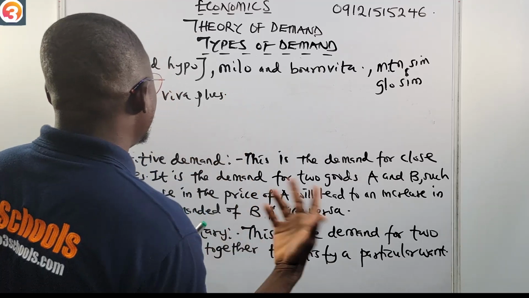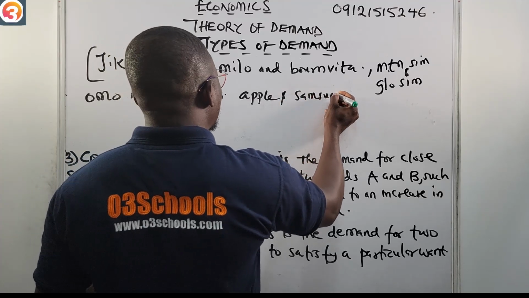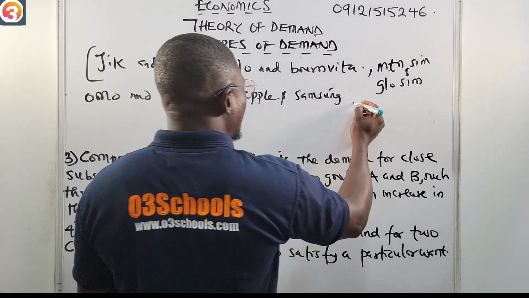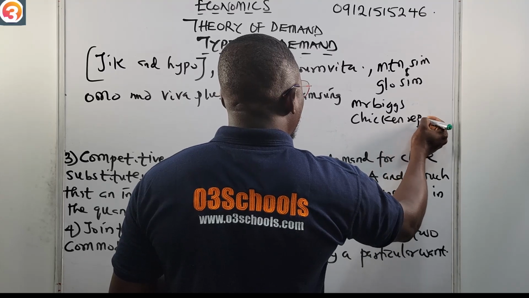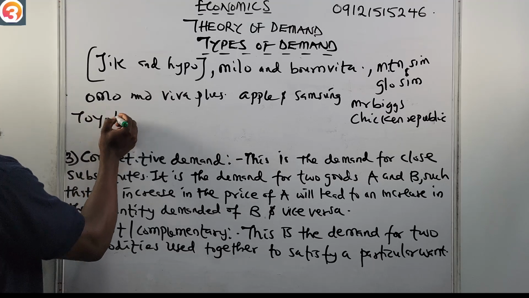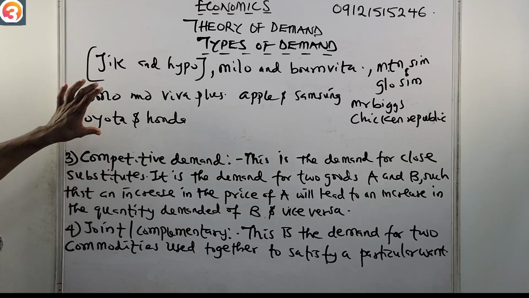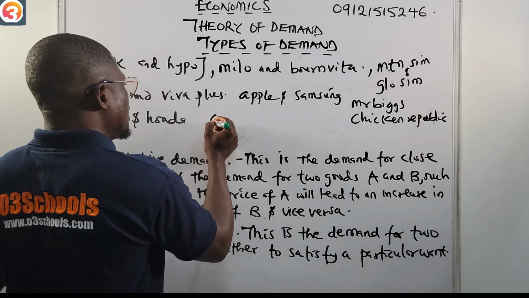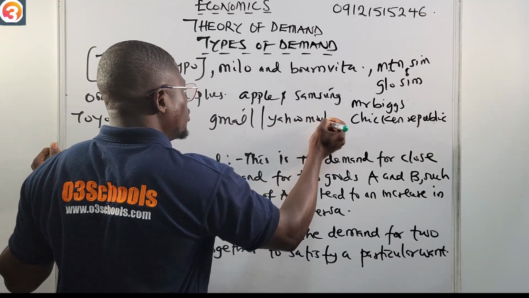There are so many other examples, like Apple and Samsung. They have close substitutes. Another example is Mr Biggs and Chicken Republic, another example of competitive demand. Also, let's say Toyota and Honda, your cars, are goods that have close substitutes. Even your Gmail and Yahoo Mail are examples of competitive demand.